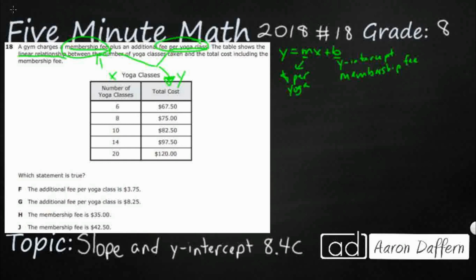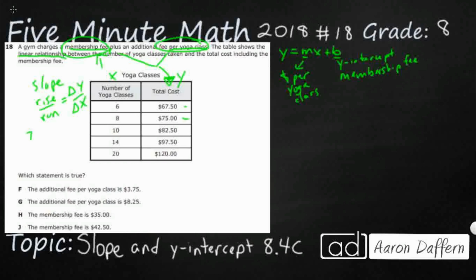All right, so now that we put this in a familiar form, we kind of know how to calculate slope and y-intercept. So let's calculate slope first. So remember, your slope is going to be rise over run. Right? So that's your change in y over your change in x. So let me just take two different y's, right?